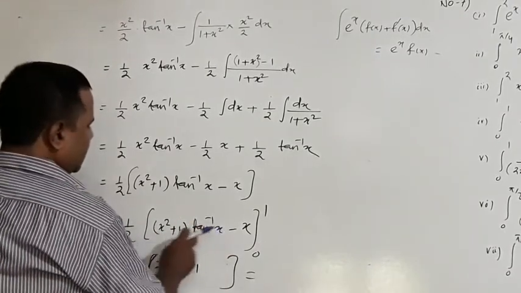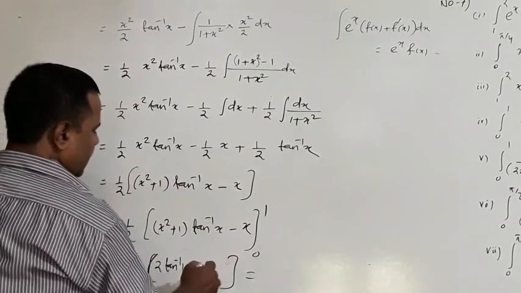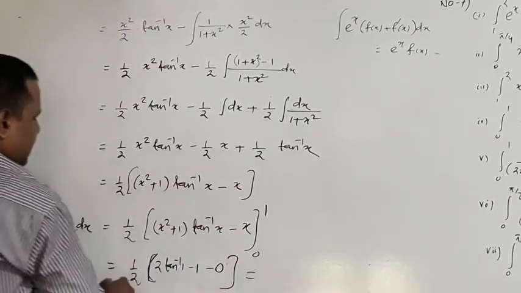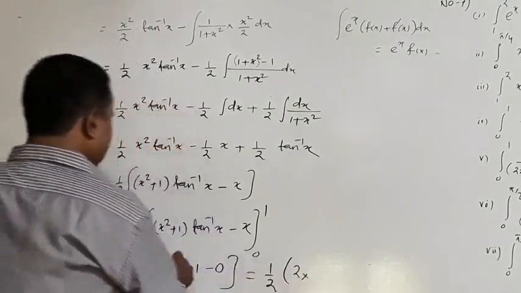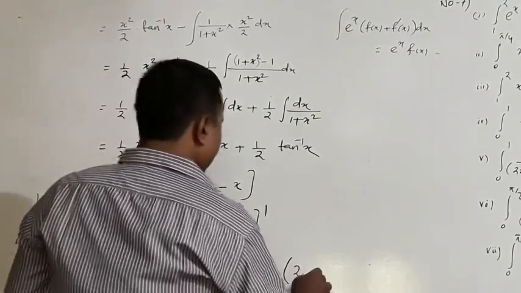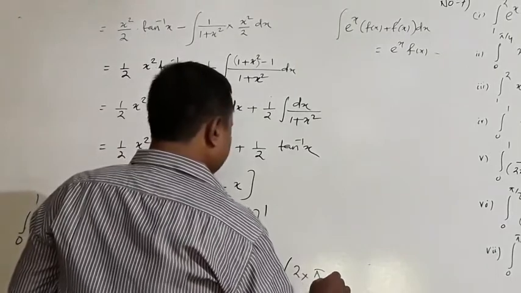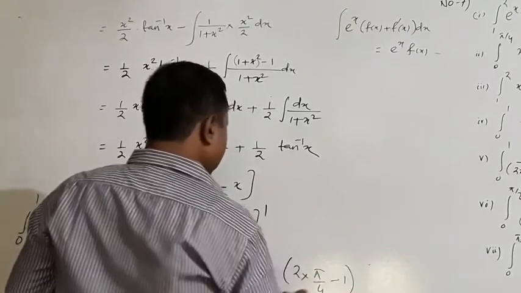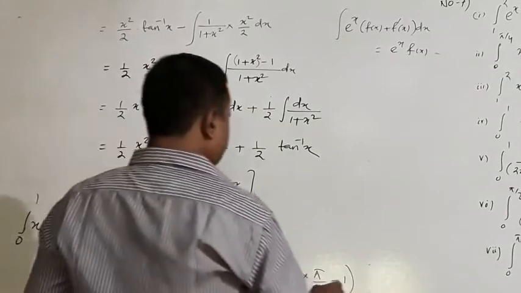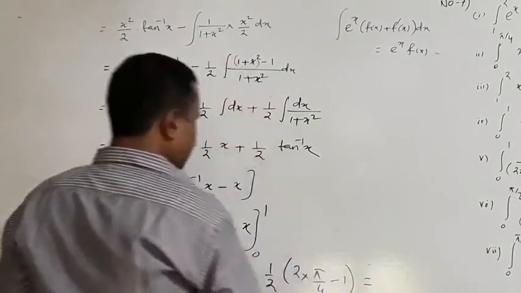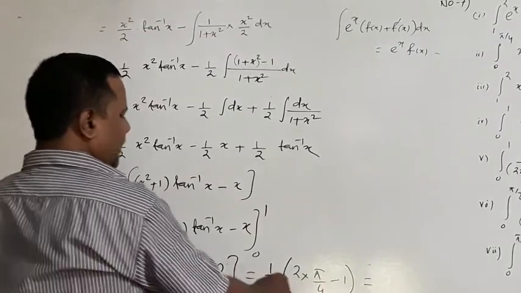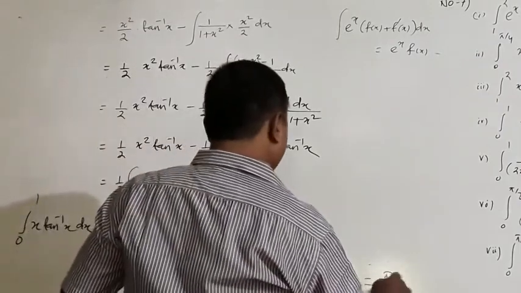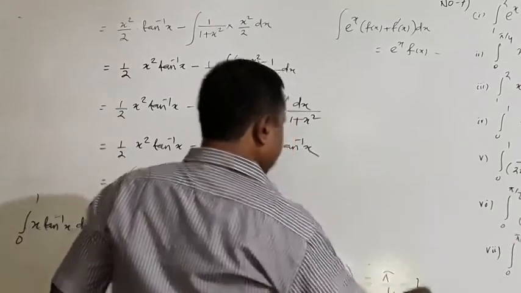Here tan inverse 0 will become 0, and that is minus 0. The result is half of 2 tan inverse 1 minus 1. What is tan inverse 1? Pi by 4. So it is 2 times pi by 4 minus 1. If we multiply, the result will be pi by 4 minus 1 by 2. Okay.